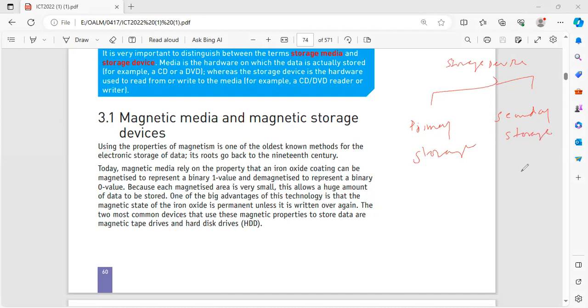So if we talk about secondary storage, one type is magnetic storage, another is optical storage, and the rest is solid state drive or flash storage, flash memory.